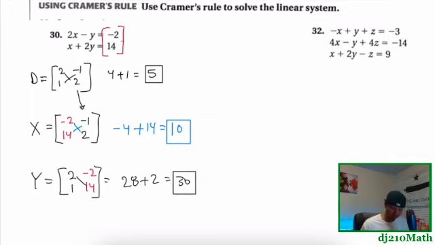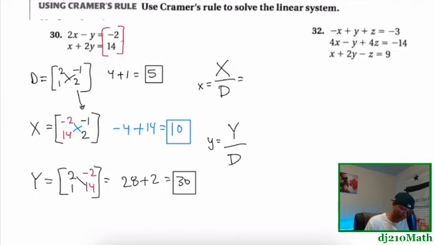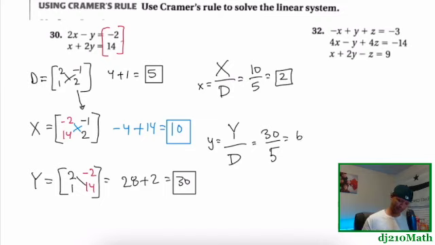Okay, the way we figure out X and Y, so little x is equal to capital X over D, and little y is equal to capital Y over D. So we have 10 over 5, which is 2. So the X value is 2. And capital Y, which is 30 over 5. And this is going to be 6. So the solution, the X and Y that satisfy this 2 by 2 is 2, 6. That is the solution.